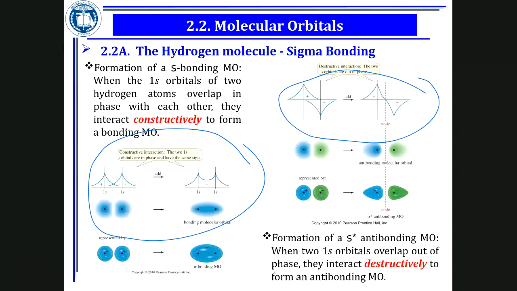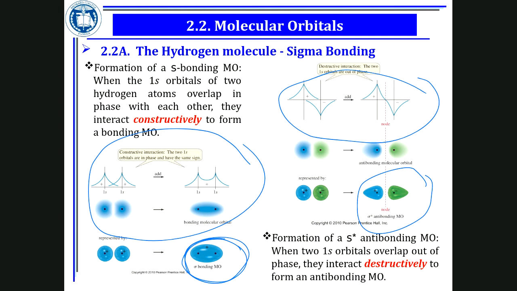As a result of constructive overlap, you will see a bonding molecular orbital. And as a result of destructive overlap, you form an anti-bonding orbital. So here you have an anti-bonding orbital versus a bonding orbital.